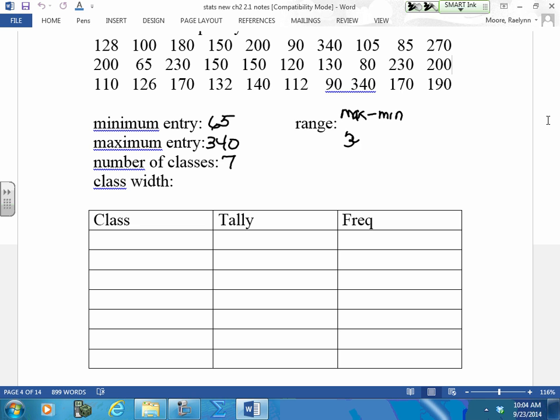There's 7 classes. What is 340 minus 65? 275. Over your number of classes. What's 275 divided by 7?